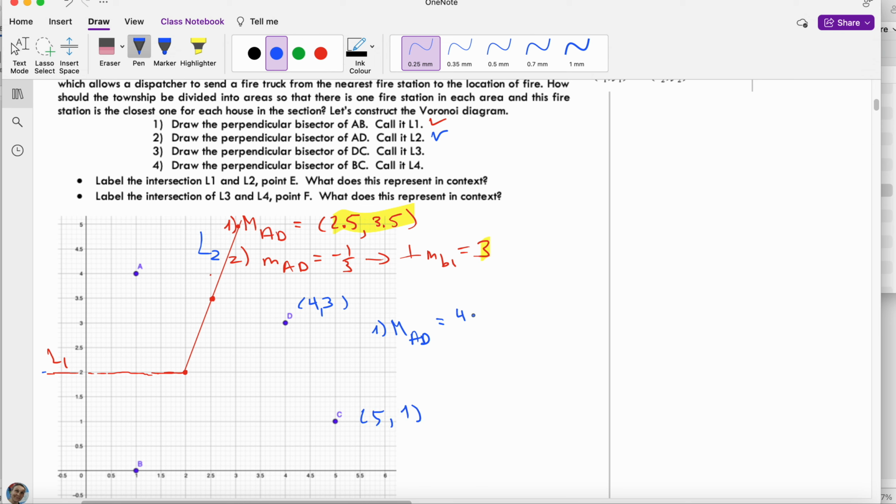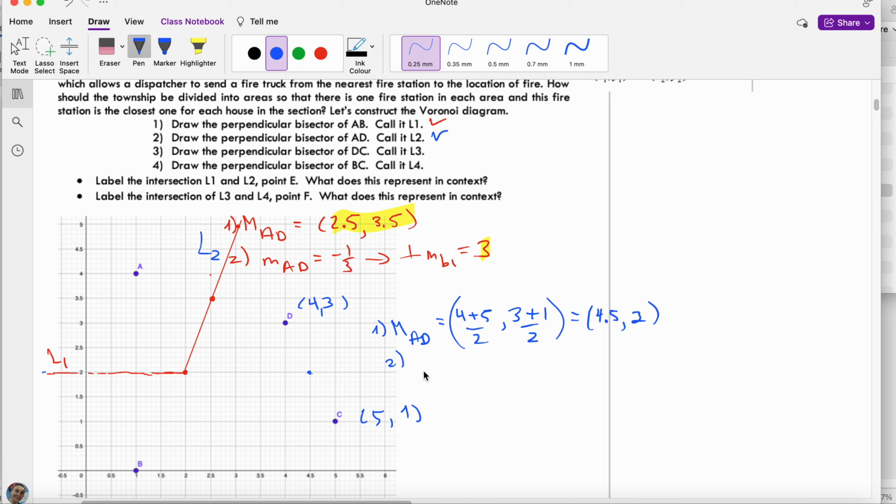And so then 4 and 5 over 2, and then 3 and 1 over 2. And then this is going to be 4.5. And again, you don't have to use the formula, yeah? So this is 4.5, and this is 2, right? So just check. Does that work? So 4.5 and 2? Yeah, sure. You can see that that's the midpoint.